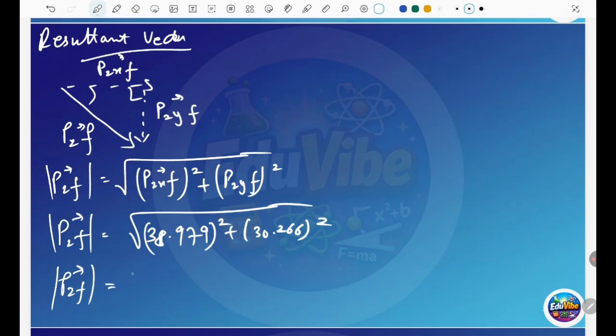When we calculate this, we get about 49.206 kg·m/s.